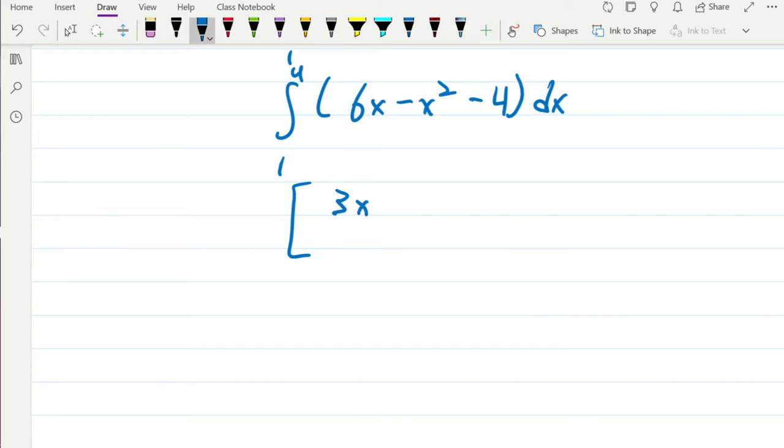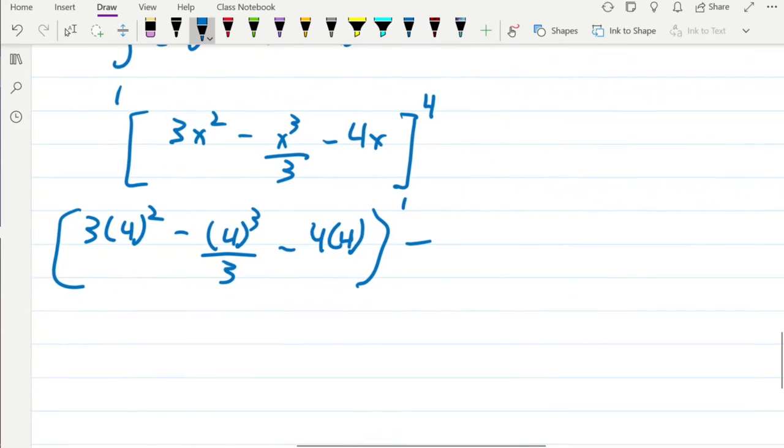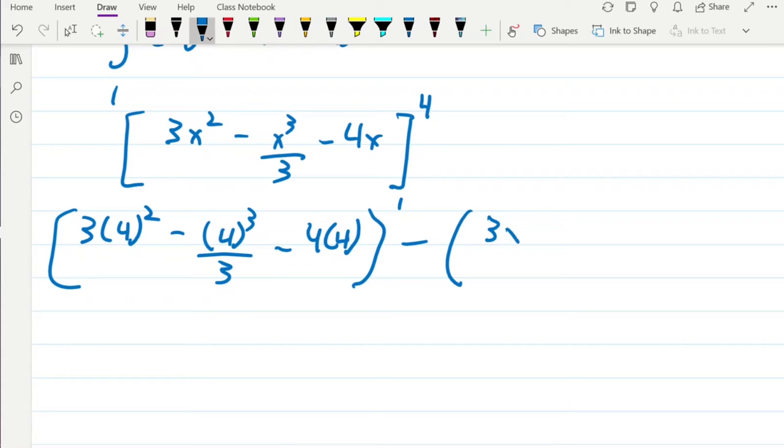So we're going to have 3x squared minus x to the third power divided by 3 minus 4x, all evaluated from 1 to 4. And we can input our values. So 3 times 4 squared minus 4 to the third power over 3 minus 4 times 4, minus then 3, since 1 squared is equal to 1, minus 1/3 minus 4.